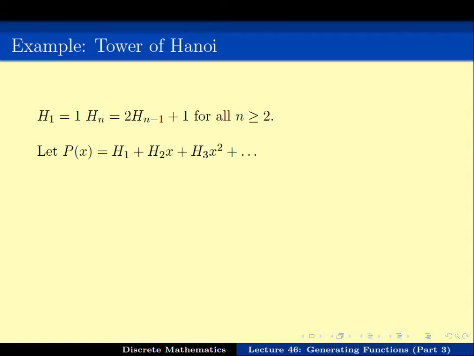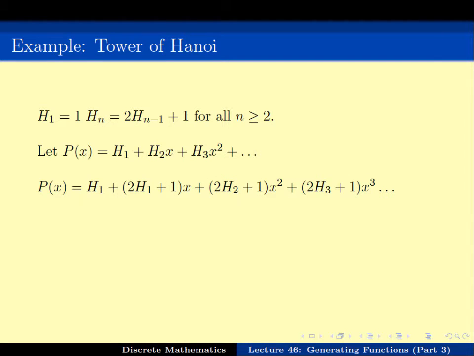I am defining it as h1 plus h2 x plus h3 x squared and so on. That means the coefficient of x to the power n is h(n+1). Remember that, that's most important. I am not defining h0 because h0 is not known.